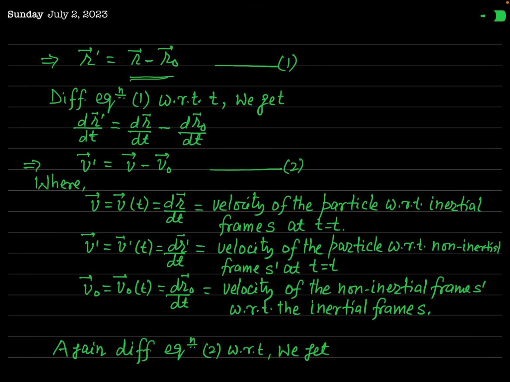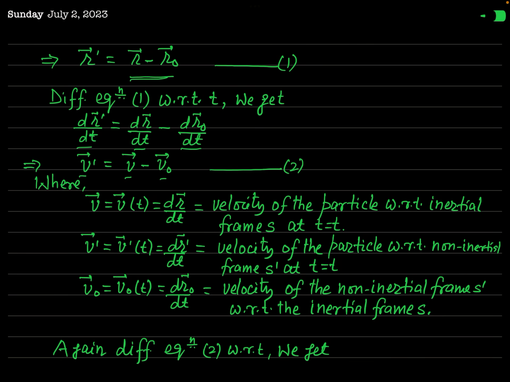So I have differentiated it with respect to time t. You can see this is dr prime by dt equal to dr by dt minus dr naught by dt. And this dr prime by dt, I have written it v dashed, dr by dt has been written by v, and dr naught by dt by v naught.